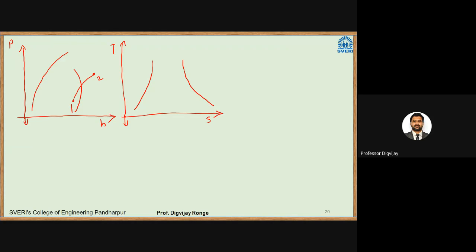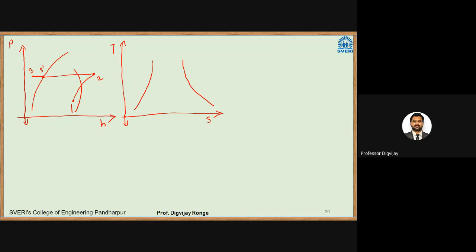After this, it will pass through the condenser. So constant pressure heat rejection takes place. It will come to the point here. But this is not the end. It is further cooled, so it will go to the subcooled region, and this will be our point 3. So this will be point 3 dash.